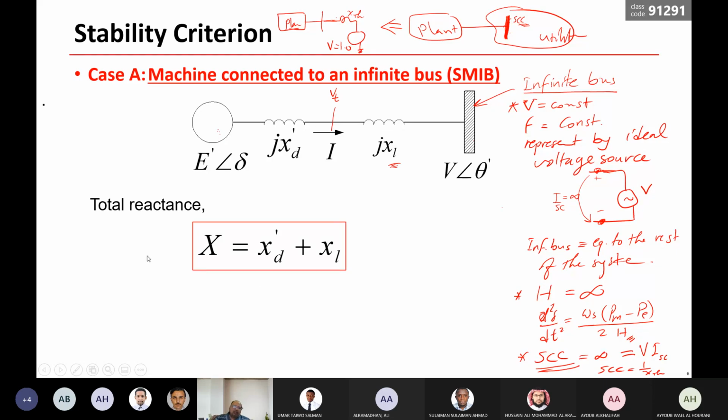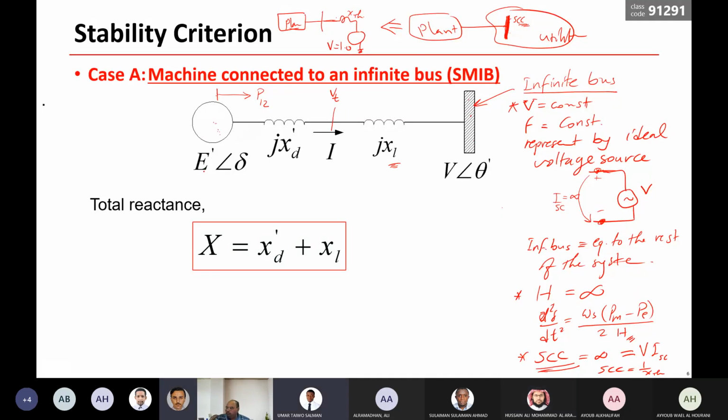In this case, can we get the power transferred from this point to that point, between any 2 points? Yes, we can. Equal to what?